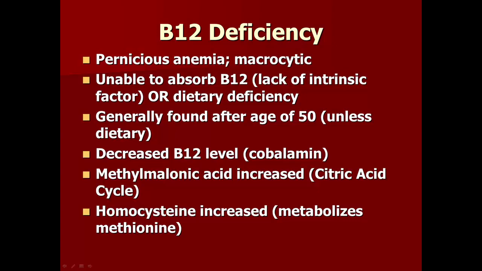When we look at a B12 deficiency, this is pernicious anemia, and it is a macrocytic normochromic anemia. What happens in a B12 deficiency, the individual is either unable to absorb B12 or they don't have enough B12 in their diet. If they have a difficulty in absorbing B12, one of the things to think about is whether or not they lack intrinsic factor.